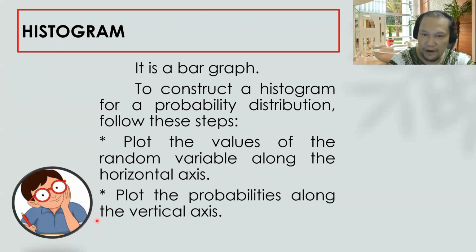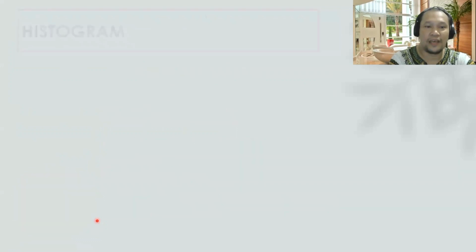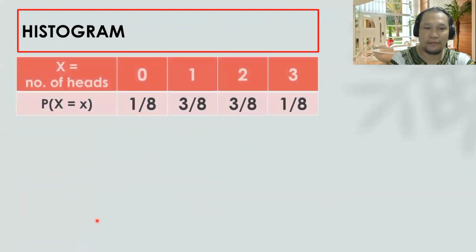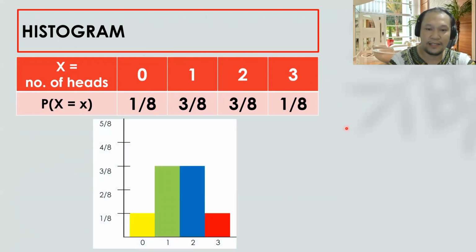To illustrate further, the histogram of the previous experiment that we had becomes this graphical illustration. First, this is our discrete probability distribution in tabular form, and then this is our histogram.